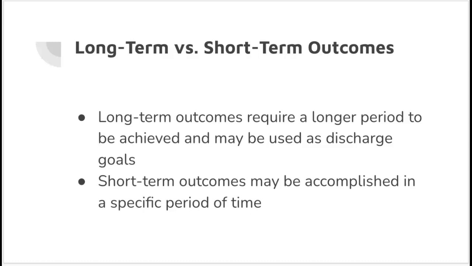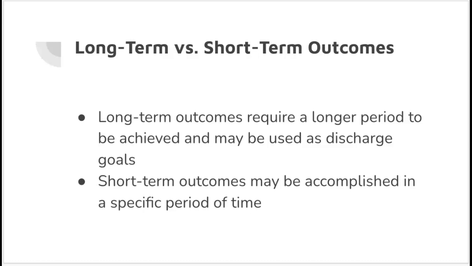Some factors that you want to consider when selecting outcomes are the type of health concern, the nursing or medical diagnosis, patient characteristics, available resources, patient preferences, and treatment potential.